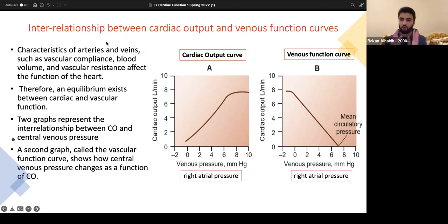But because there is control over the sympathetic, it will cause the veins to constrict, because I pumped a lot of blood through the arteries, so I need more blood to go through the veins. Do you get what I'm saying? So I have 3 liters going through the arteries, and I have only 2 liters through the veins. For the next pump to happen, I need to constrict the veins and increase the venous pressure so that I can have a higher venous return. So this is the effect of the sympathetic on the venous pressure.